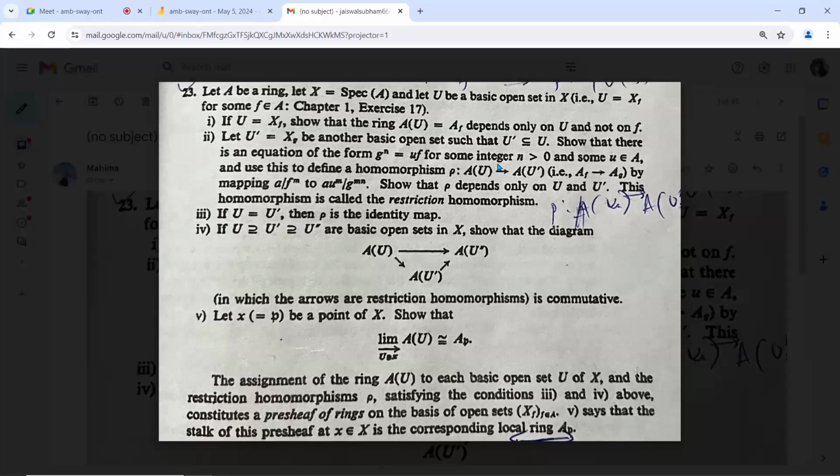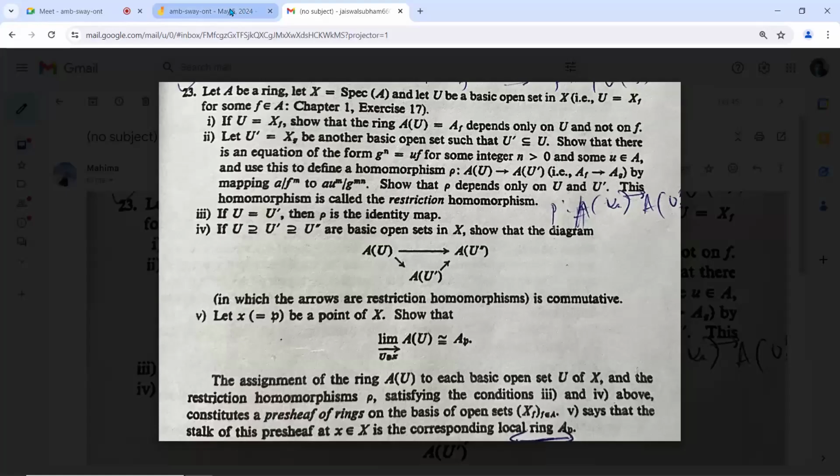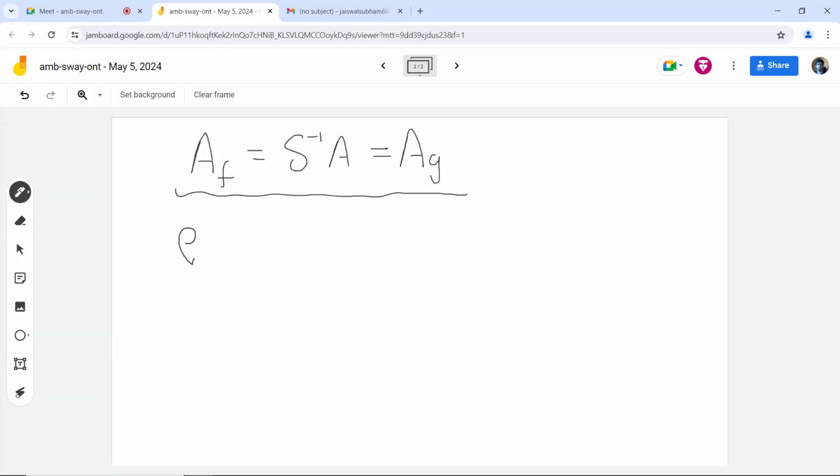Now let's tackle the other question, this restriction morphism from AU to AU prime.